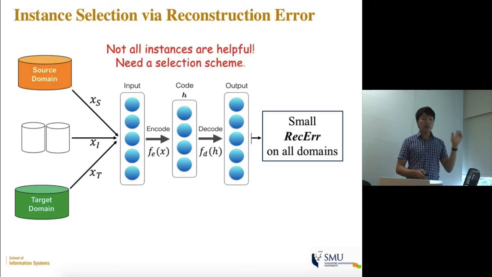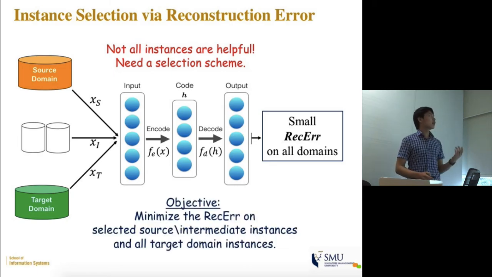However, as I mentioned earlier, not all instances from the source domain are useful to build a classifier for the target domain. So you need a selection scheme so that you can detect which instances are useful to improve the performance of the target task. The story is the same between the intermediate domain instances and the target domain instances.